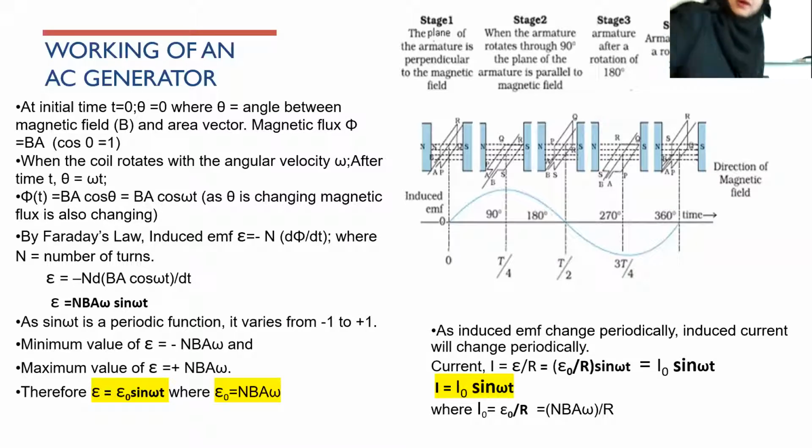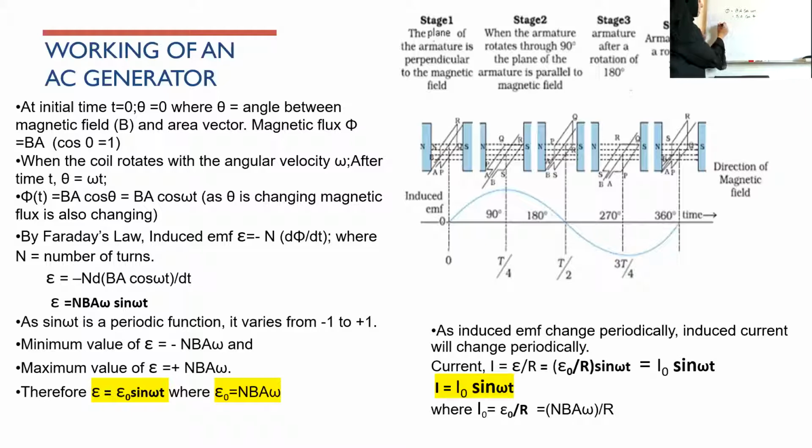So we have here, I'll just write, phi is equal to BA cos omega t, right? That is BA cos theta. Instead of theta, I wrote omega t. Is this clear to you? Yes, clear. So cos theta.